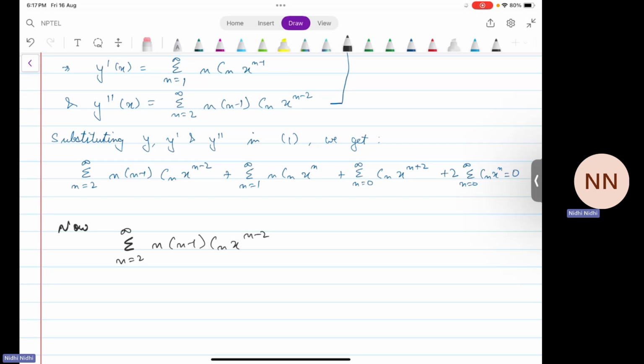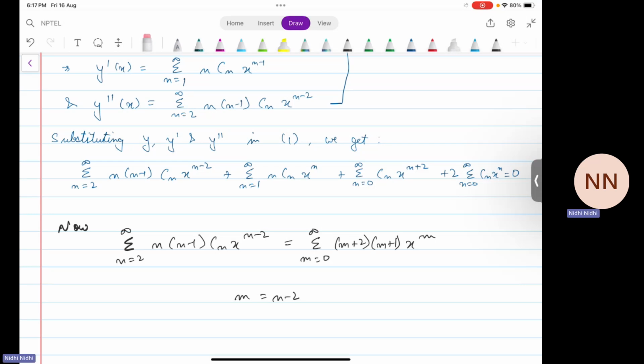We want it to be a summation of some coefficient times x to the power m. So let's take m to be n minus 2. For n equals 2, m is 0, so m goes from 0 to infinity, and n is now m plus 2 and n minus 1 will be m plus 1.